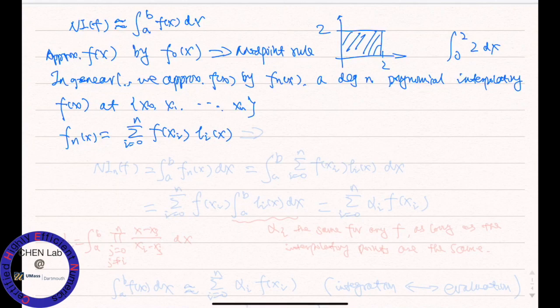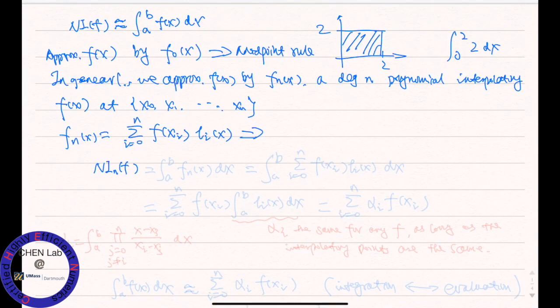So what does this mean? Once you have fn of x, the numerical integration of f means we're going to use the polynomial of degree n to approximate f, and we don't want to integrate f for many reasons, including that we cannot do it, or f is simply not available.